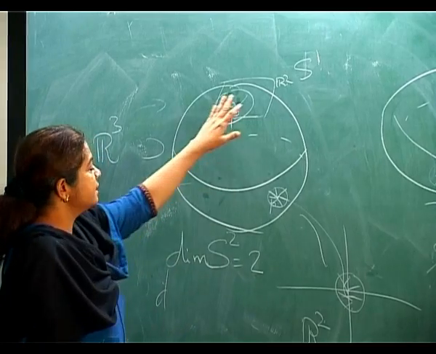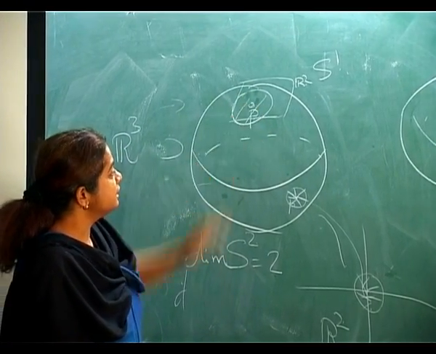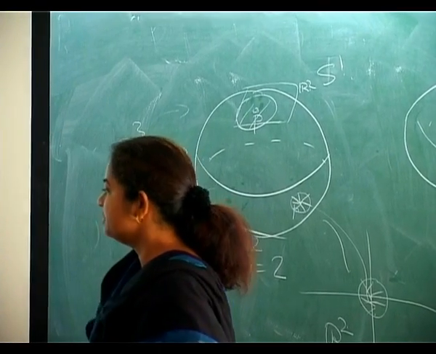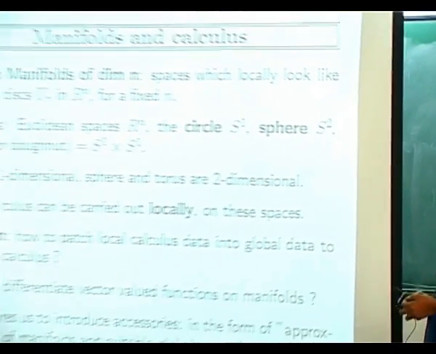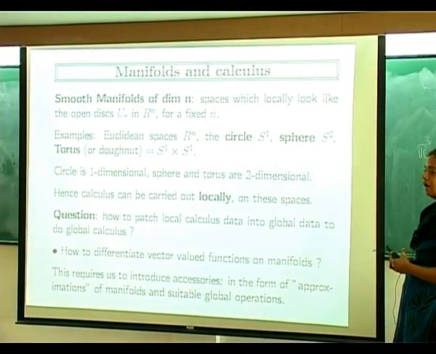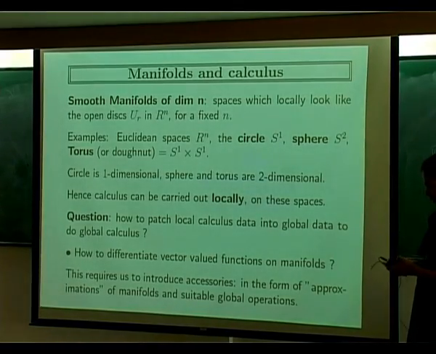This is somehow saying that you flatten your open subset around any point. This is called, in a naive way, the approximation of a small open subset around a given point. And then you can think that you are actually doing calculus on this R2, on this plane attached to any point.